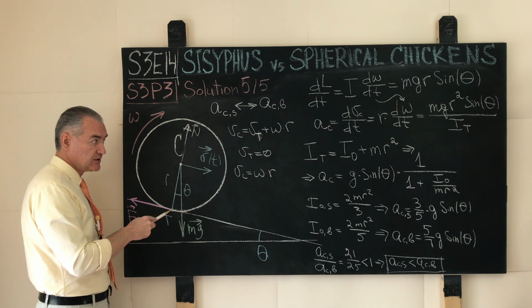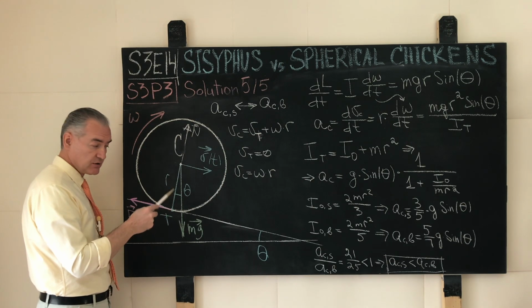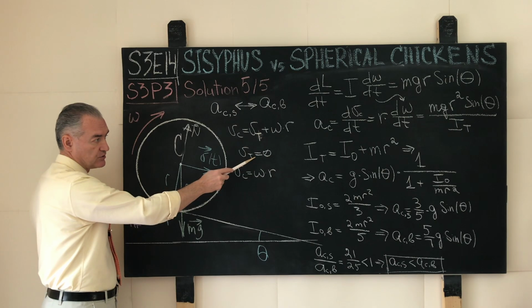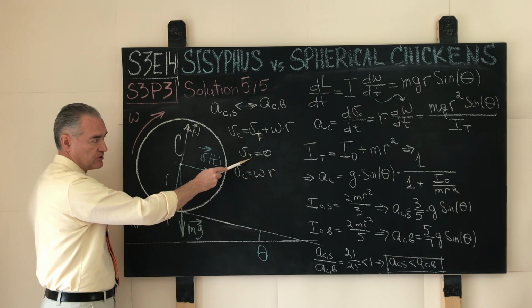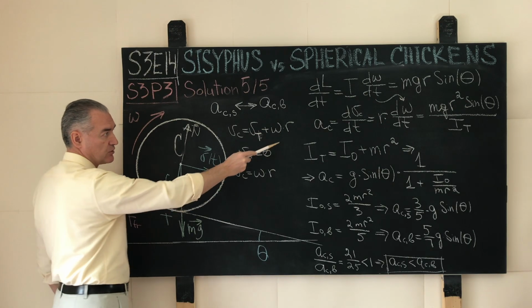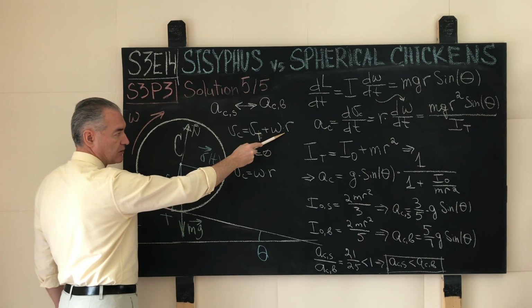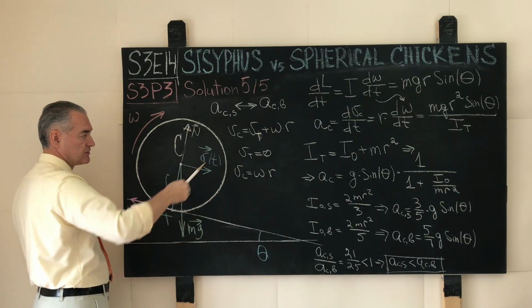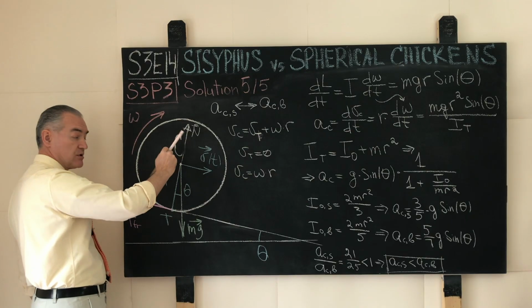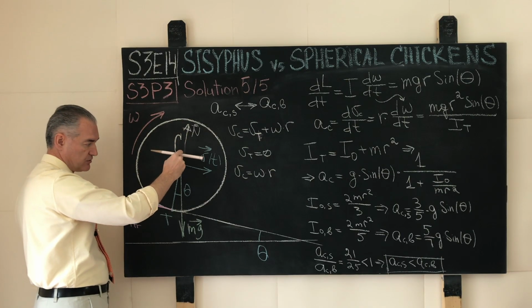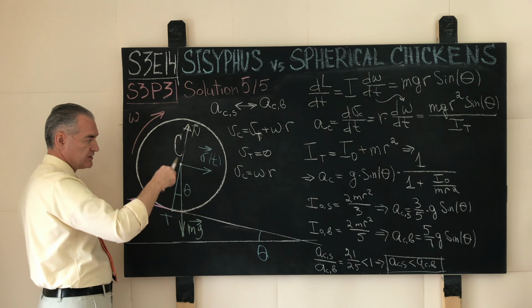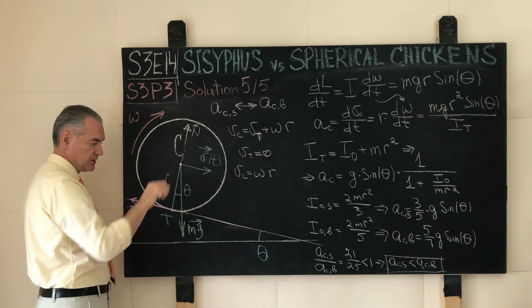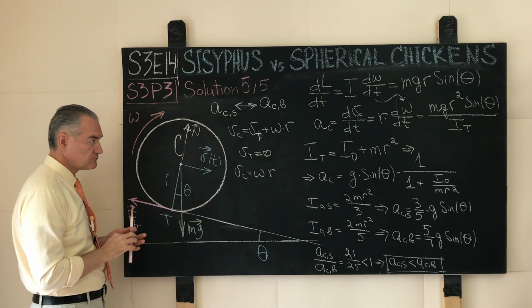But in our case, because there is no slipping and our object is rolling down the inclined plane, the linear velocity of point T will be zero, and there will be only the rotational component omega r, where omega again is the angular velocity with which our spherical chicken of uniform density rotates about its natural axis of symmetry.